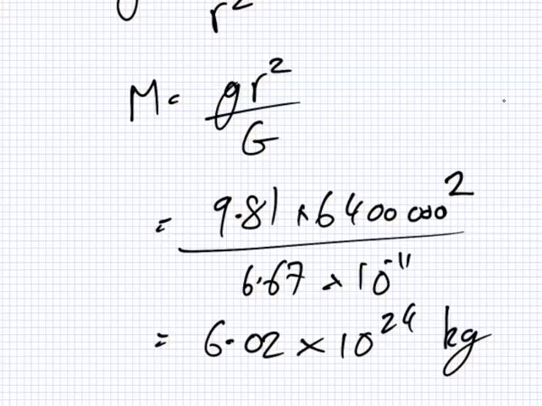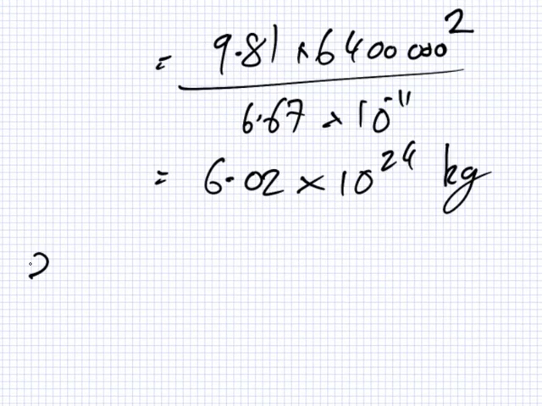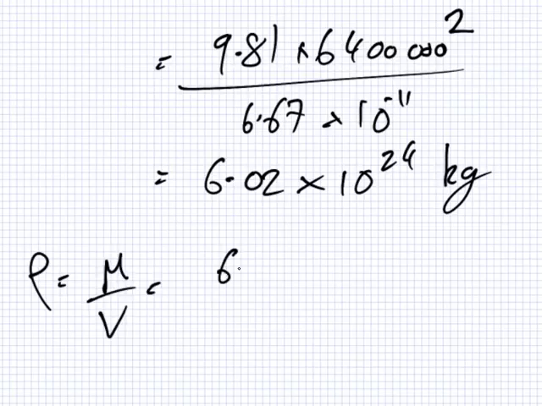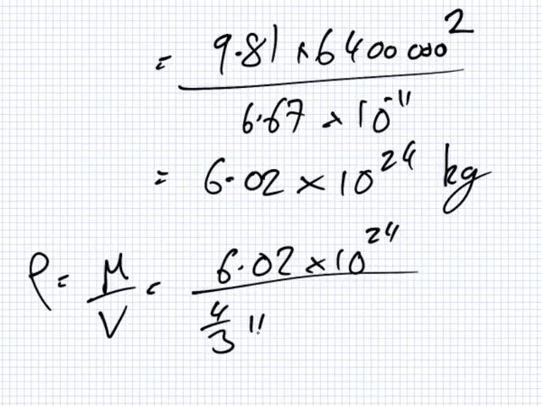What's the density? Density is mass over volume, which is 6.02 times 10 to the 24 over 4 over 3 pi r cubed. Yep. You got an answer?